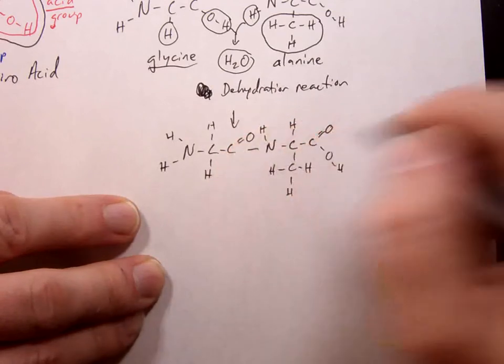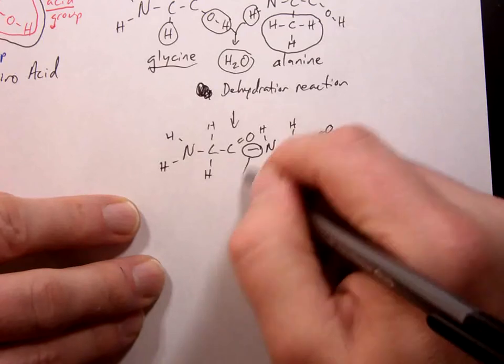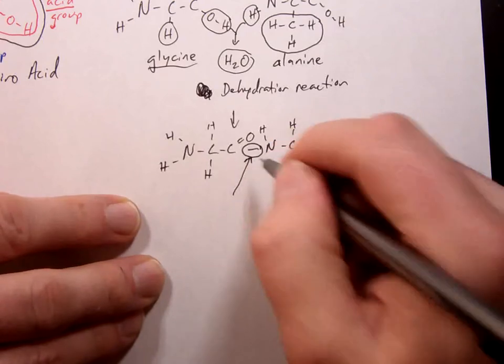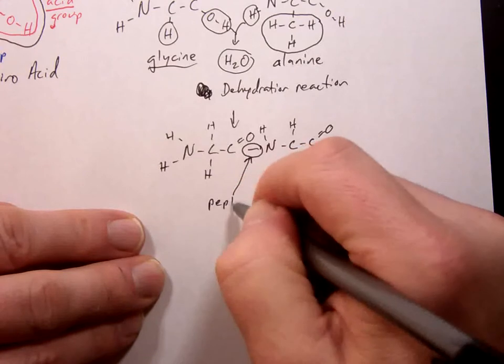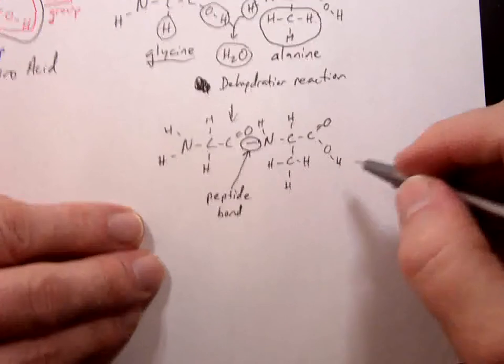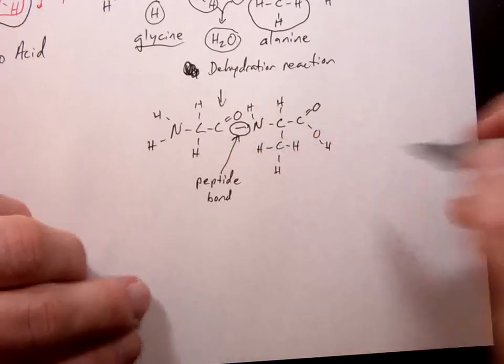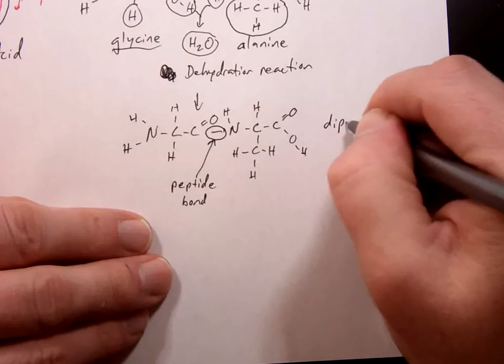Okay. And this covalent bond that is now in between those two, because the word we use for proteins and amino acids is peptide, this is called a peptide bond. Now, this thing, because it's two amino acids joined together, is now called a dipeptide.